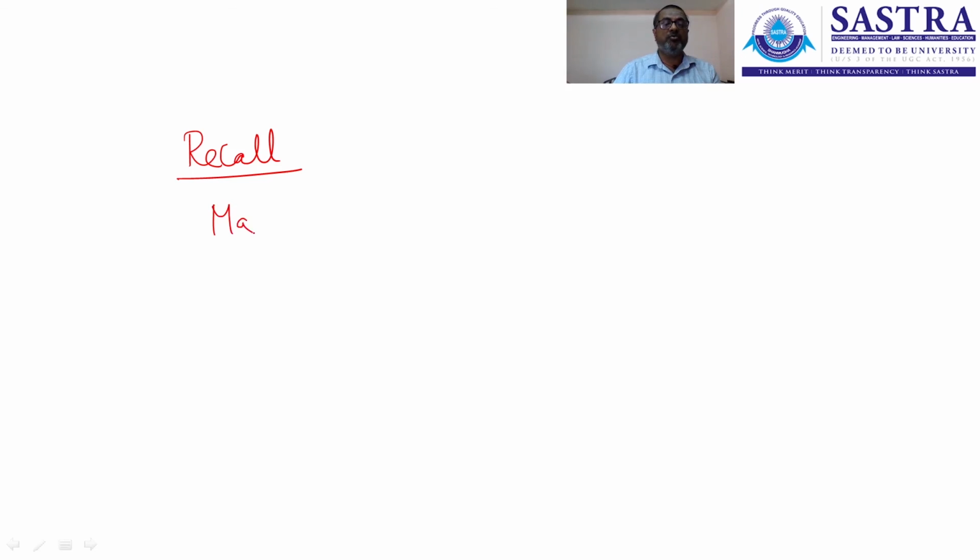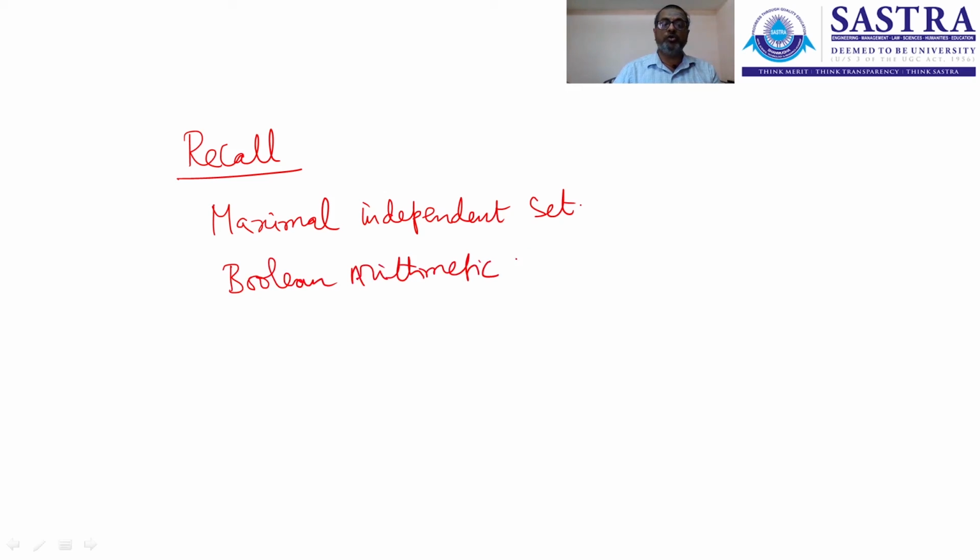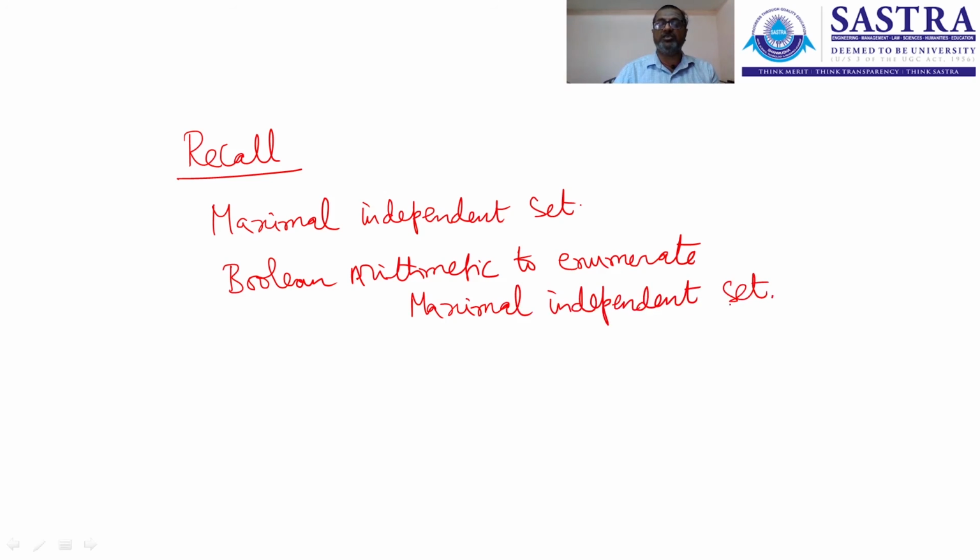We had defined what a maximal independent set is, and then we had used Boolean arithmetic to enumerate maximal independent sets.